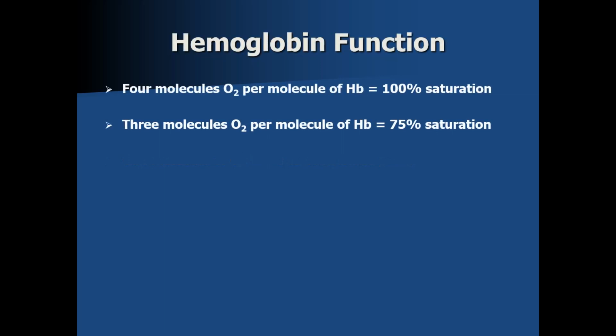The number of oxygen molecules carried by hemoglobin determines its saturation. A molecule of hemoglobin that carries 4 molecules of oxygen is 100% saturated. A molecule of hemoglobin carrying 3 molecules of oxygen is 75% saturated, and so on.